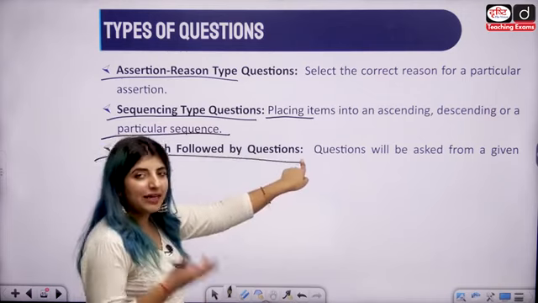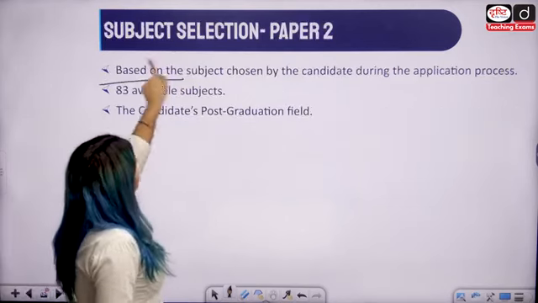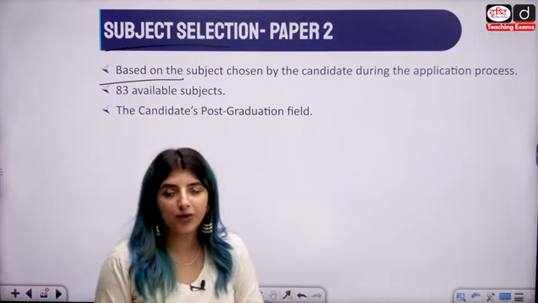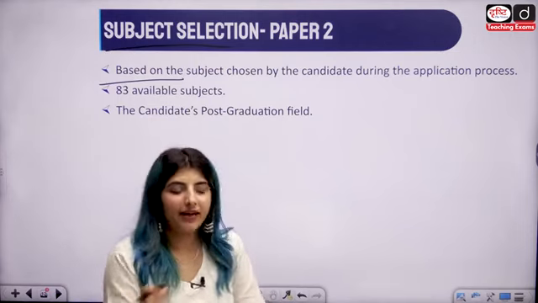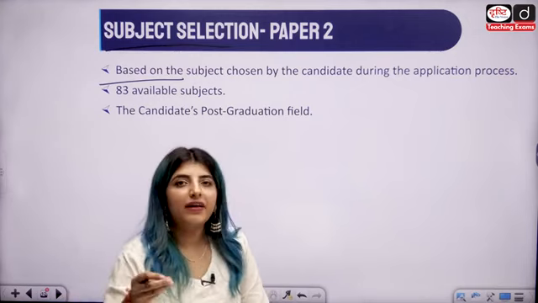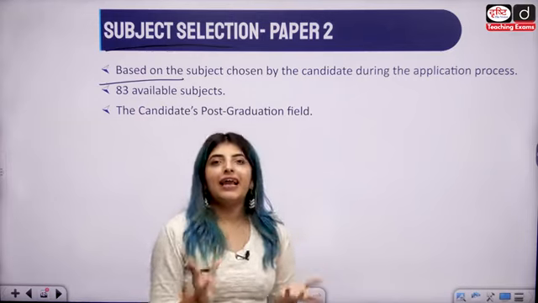Paragraph followed by questions, basically comprehension, correct? Based on the subject, now how are you going to choose the subject for paper 2? The simple criteria is that whatever subject you have done your masters in, you will be appearing for that particular examination. Sometimes there are certain allied subjects.